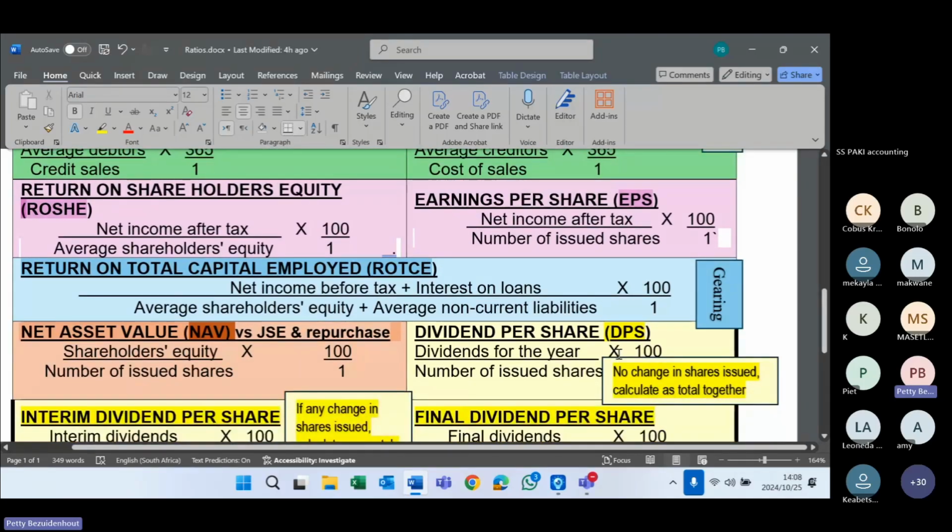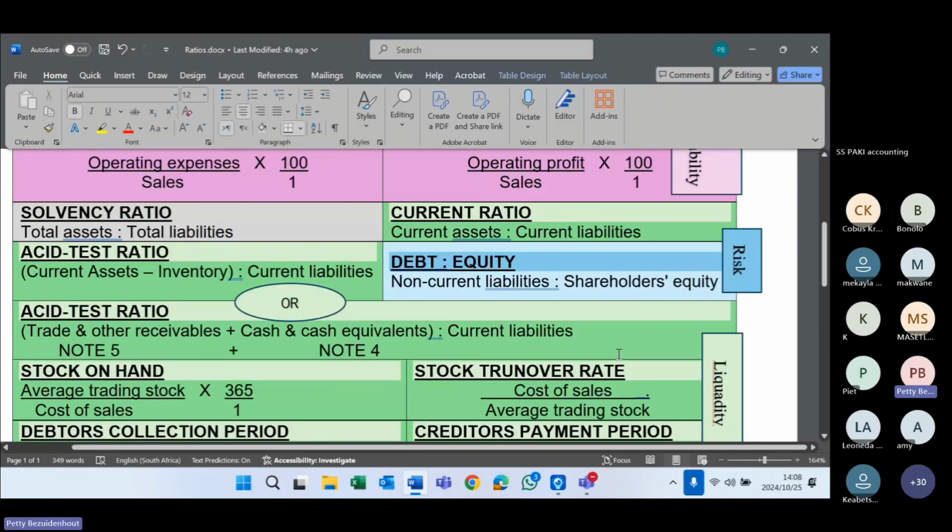Then on the risk and gearing, it's the blue ones. Risk will always refer to your debt equity ratio, meaning what was the ratio between the borrowed capital, which is loans, and the owned capital, which is shareholders' equity coming from share capital and retained income. That is called owned capital and borrowed capital.